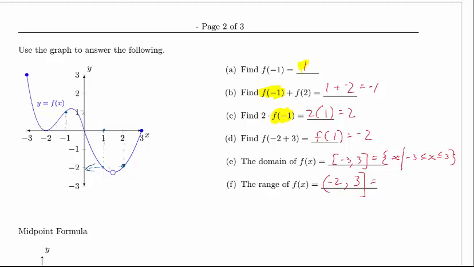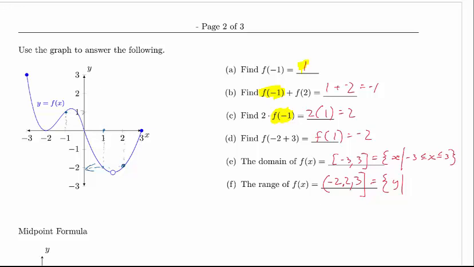Or in set notation, the range is going to be all real values of y such that we're in between, I'm sorry, it's a little bit lower than negative 2, so we'll call that negative 2.2, and then the top point's still the same.